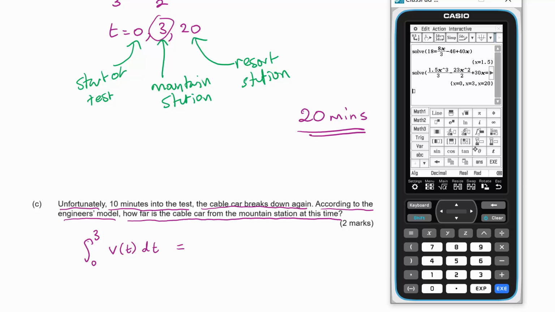So I want to do the integral from 0 to 3. I've got the velocity just there. Let's just drag that in there, and let's do that, and that's 41.625.